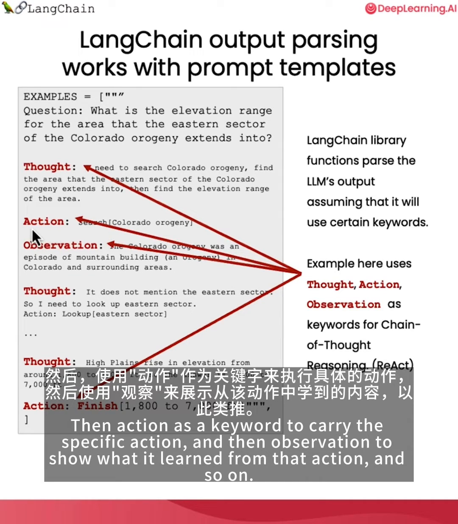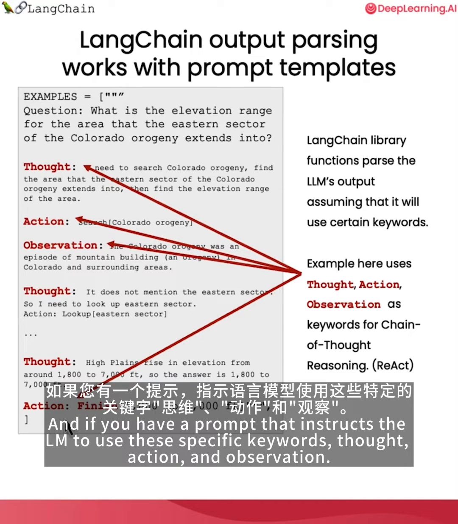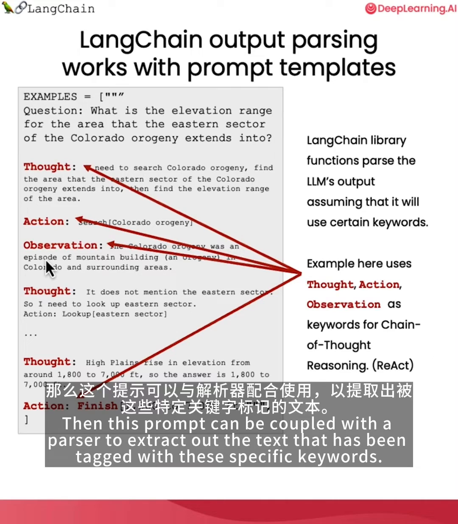Then action as a keyword to carry out a specific action, and then observation to show what it learned from that action, and so on. And if you have a prompt that instructs the LLM to use these specific keywords, thought, action, and observation, then this prompt can be coupled with a parser to extract out the text that has been tagged with these specific keywords.